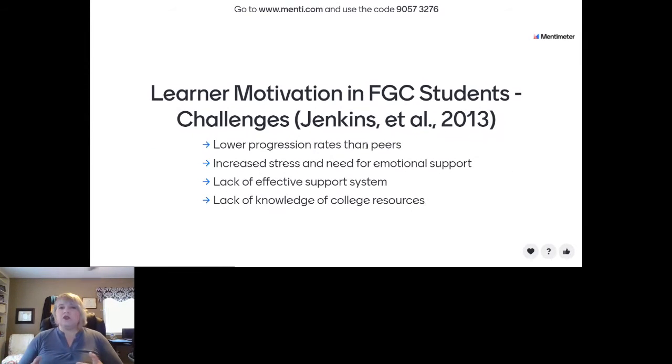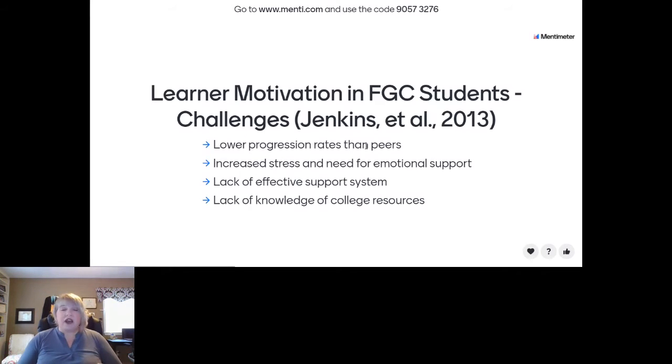So thinking a little bit in the same vein of first-year students, let's think about first-generation college students. And I am a first-generation college student, so I can really relate to some of these things. The data we just looked at was specific for our first-year students. So we saw some challenging numbers, but if you think about a first-generation student, they bring a lot of other things into the mix.